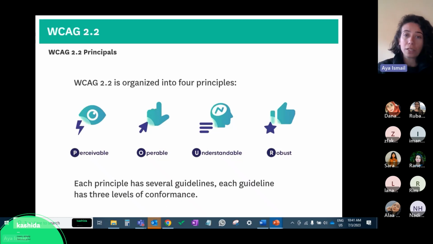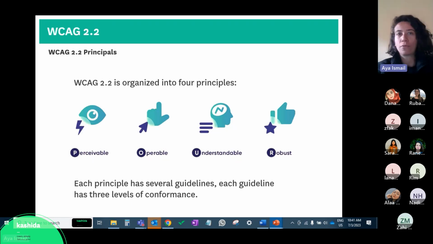It needs to be also understandable. So if I'm presenting instructions, those instructions need to be clear for anyone. One example is if I say, please answer the question below. If you are able to see the question, then you are able to see that it's a multiple choice question. It's very easy for you to know how you are going to answer it.